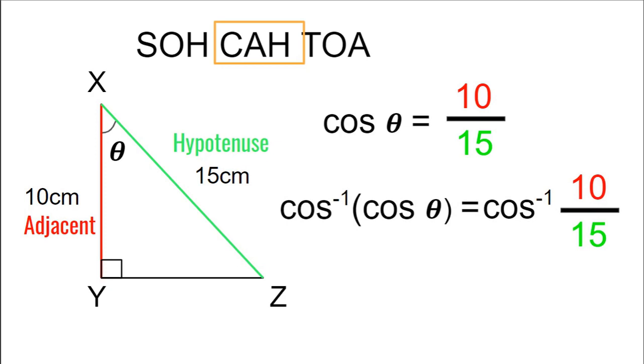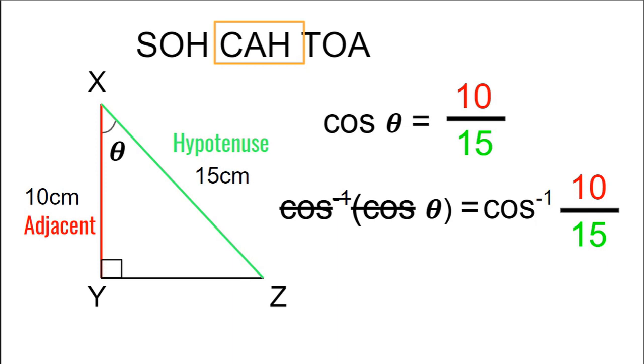And this is the reverse of cosine. So if you think about division as the reverse of multiplication, well, cos inverse is the reverse of cosine. So if we're doing the reverse of cosine, we're canceling out cosine. And if we do inverse cosine on one side, we do inverse cosine on the other side. And this leaves us with theta equals inverse cosine of 10 over 15.